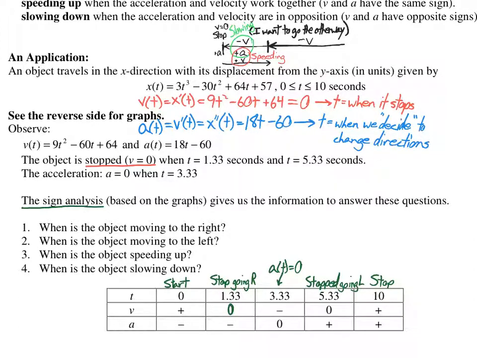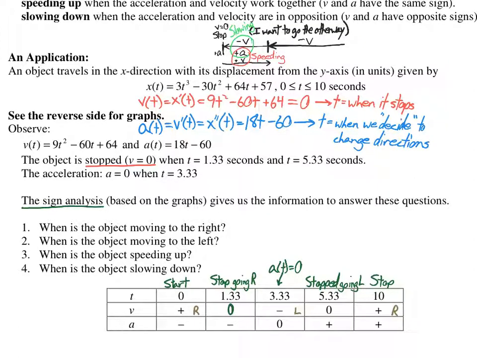So what this tells us is, here we're moving to the right. Then we stop, then we're moving to the left, then we stop, now we're moving to the right again over here. Now understand that these are intervals. It's not just at that one time.